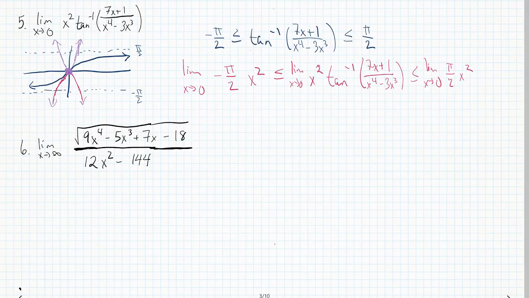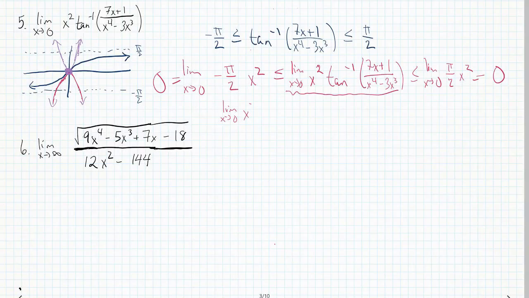So what is the limit as x approaches 0 of negative pi over 2 x squared? Well, once you plug that in, you get 0. And the same thing with positive pi over 2 times x squared. If you plug in 0, you get 0. So notice that this piece in the middle has to be a number between 0 and 0. Well, the only possibility is 0. We have a fancy name for this, and we're going to write it out.